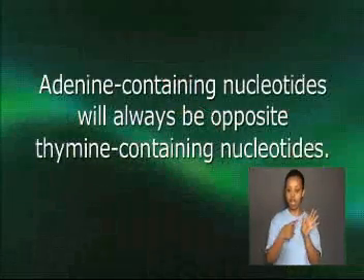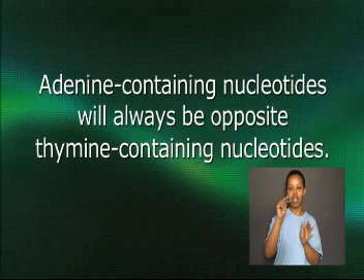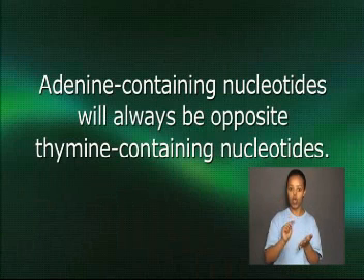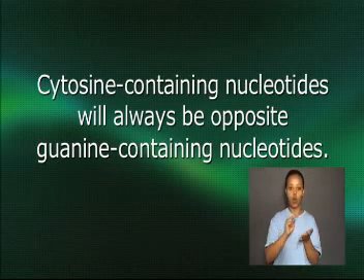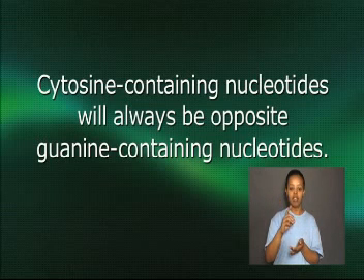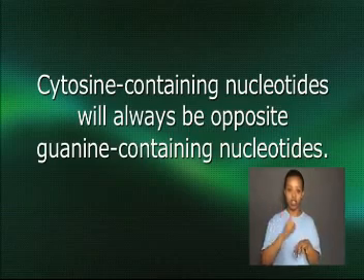The nucleotides in one strand are paired with nucleotides in the other, according to the base pairing rule, which states that adenine-containing nucleotides will always be opposite thymine-containing nucleotides. Cytosine-containing nucleotides will always be opposite guanine-containing nucleotides.